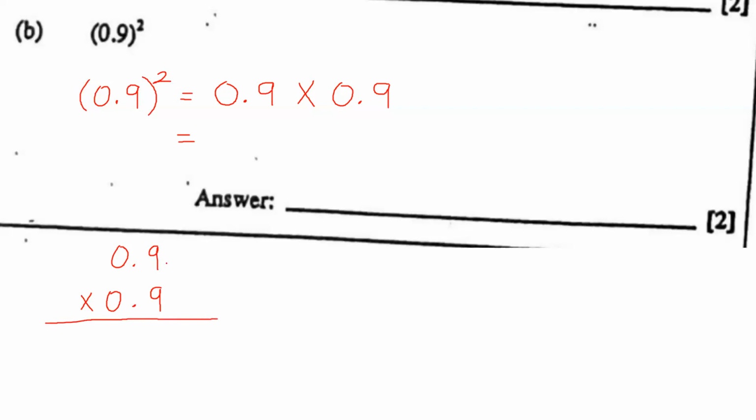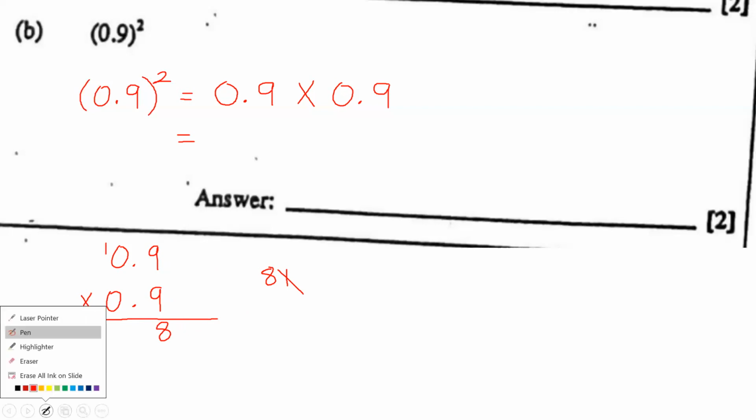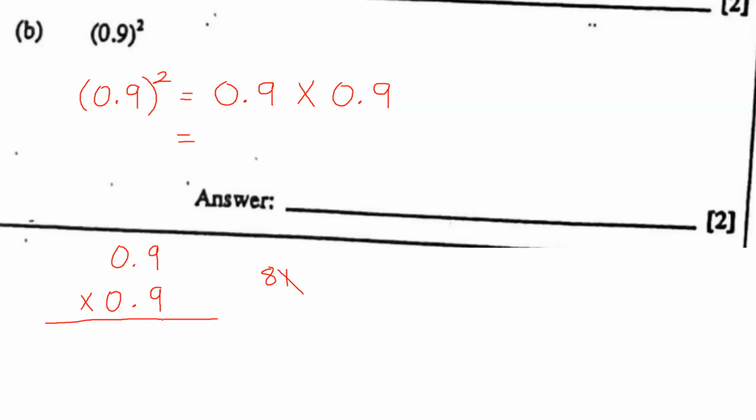Well, 9 times 9 is definitely 81. So we put the 1 below and we put the 8 above. My apologies, I did it the opposite way at first.